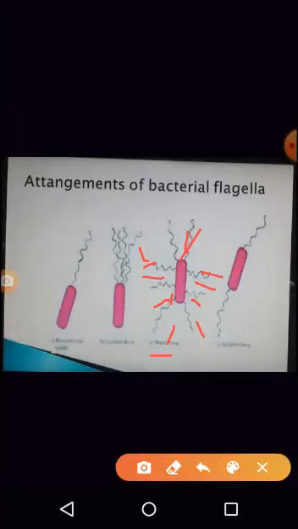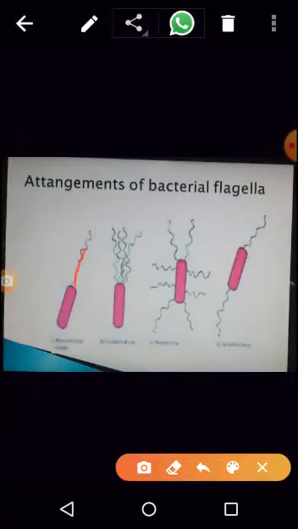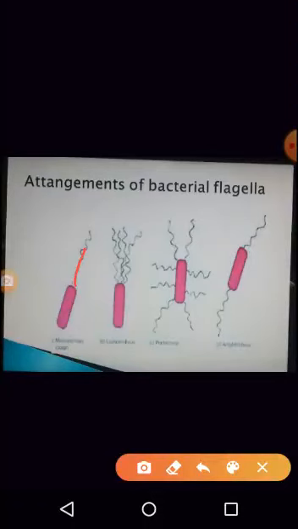I'll just revise once again. If the bacteria do not have any flagella, they are called atrichous. Example, Klebsiella pneumoniae. If the bacteria has only one flagella at one polar end, it is called monotrichous. Example, Vibrio. If the bacteria has tufts of flagella, many flagella at one end, it is called lophotrichous. Example, Bartonella bacilliformis.